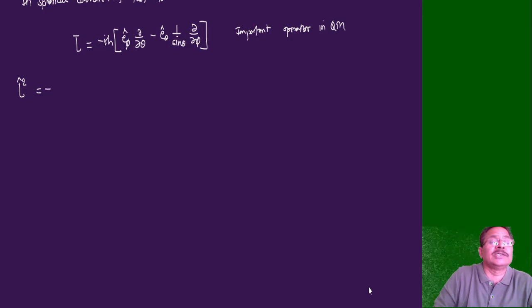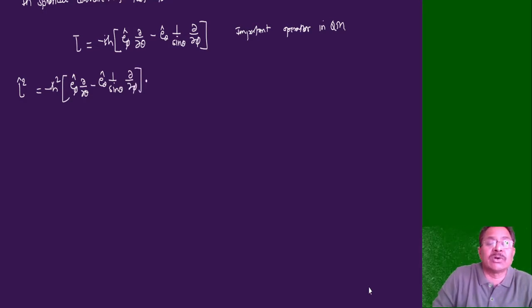If it is calculated, this comes to be minus h cross square into the product of these two: e_phi cap into delta upon delta theta minus e_theta cap into 1 upon sine theta multiplied by delta upon delta phi, dot.